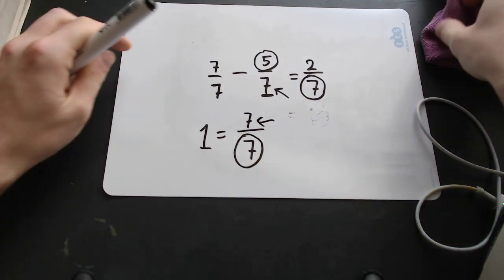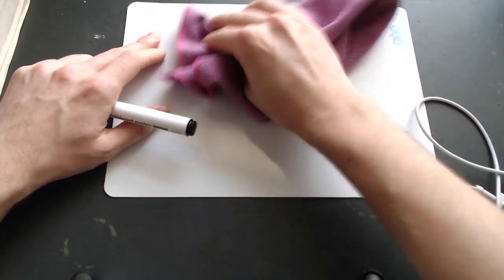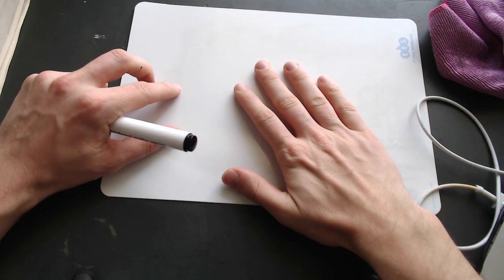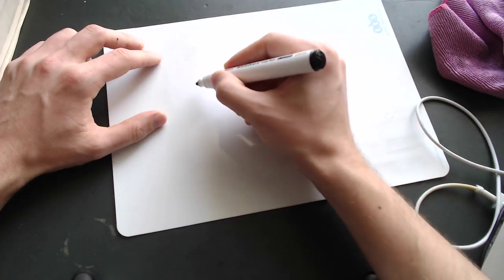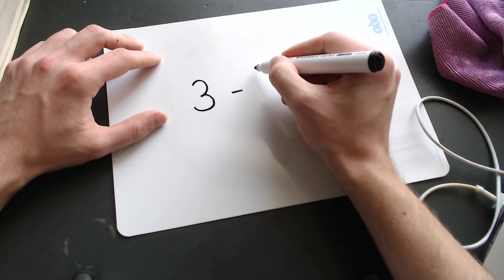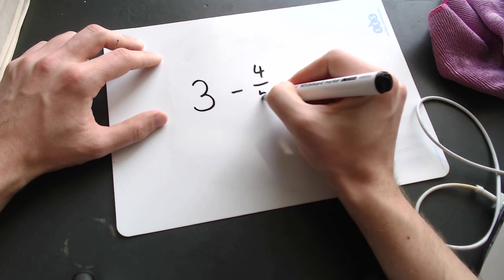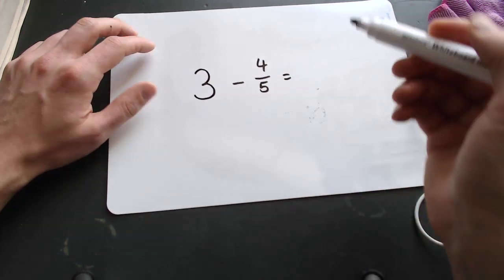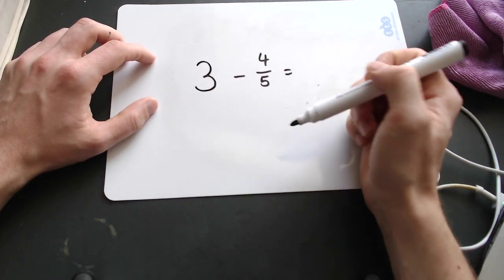But what do you do when I want to subtract? So I'm going to make it a little bit more difficult. I'm just going to go a step up here. Let's see if the camera can still focus. What happens when I have more than 1? So let's say I have 3, and I'm taking away, let's say 4 over 5. So what happens now? Well, in order to do the sum, we want to change the 3 whole ones into a mixed number.